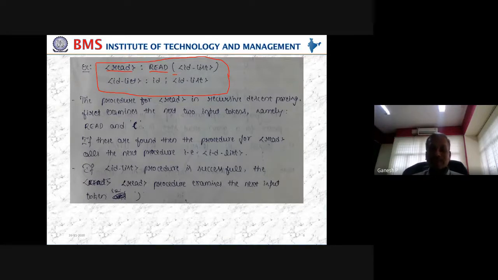Now we have another non-terminal symbol here, which is ID list. Since ID list is a non-terminal, a procedure will be called for this, and data will be taken from this procedure as well, which is either ID or ID list. If my value is read within parentheses N1, then N1 is going to be matched here, which is a success, and it returns success. Then we have a right parenthesis.